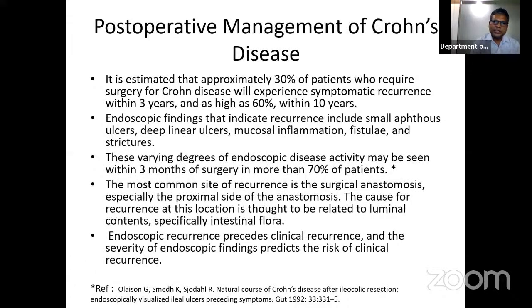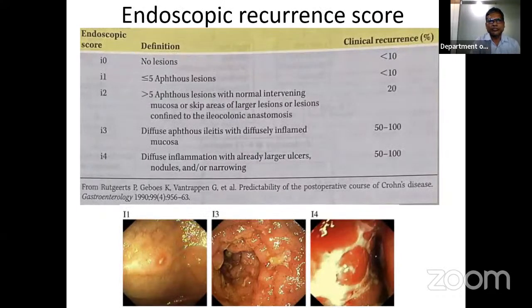Endoscopic recurrence precedes clinical recurrence, and the severity of endoscopic findings predicts the risk of clinical recurrence. Now, this is the endoscopic score. I0 is no lesion, which corresponds to less than 10% clinical recurrence. I1 is fewer than 5 aphthous lesions, which corresponds to 10% clinical recurrence.